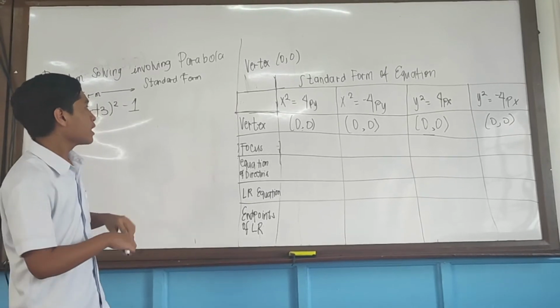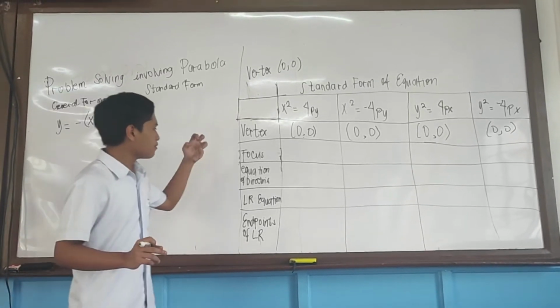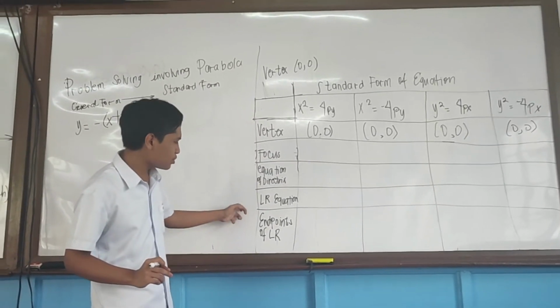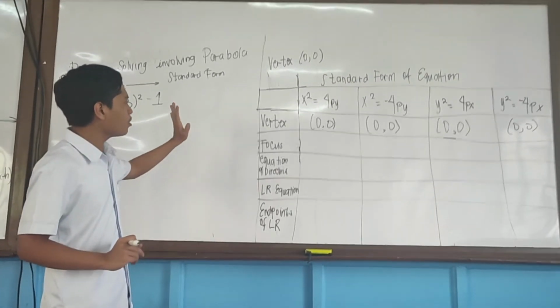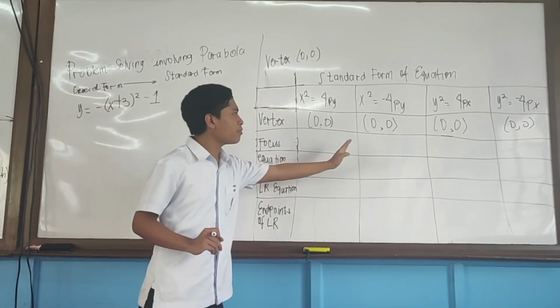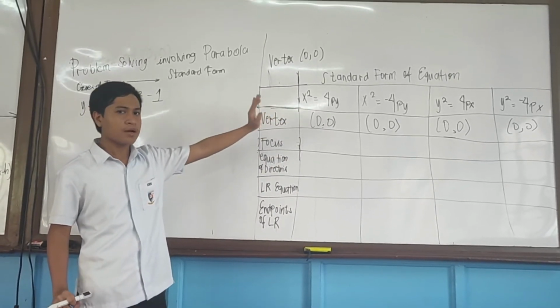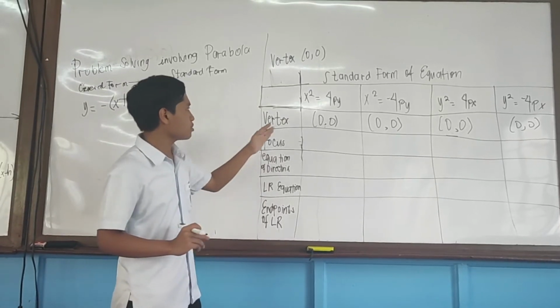Now, in vertex (0, 0), let's find the focus, the equation of directrix, the latus rectum equation, and the endpoints of a latus rectum. So here we have all the vertex. It's (0, 0) in any form of standard form of equation in a parabola. Now let's find the focus on each.